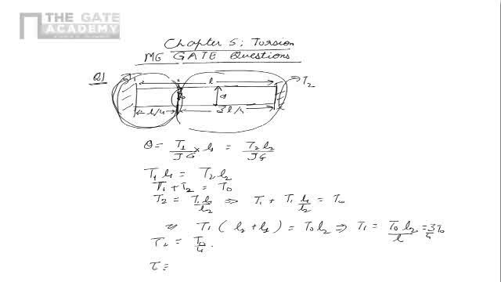So tau 1, let's say, which is the left hand section shear stress, is equal to T1 upon J into D by 2, which is nothing but T1, 3 by 4 of T0, divided by pi by 32 d to power 4 into d by 2.